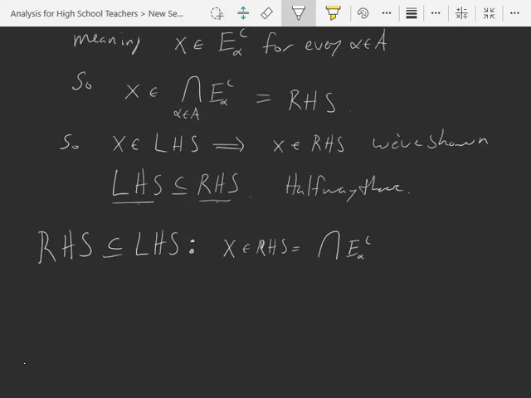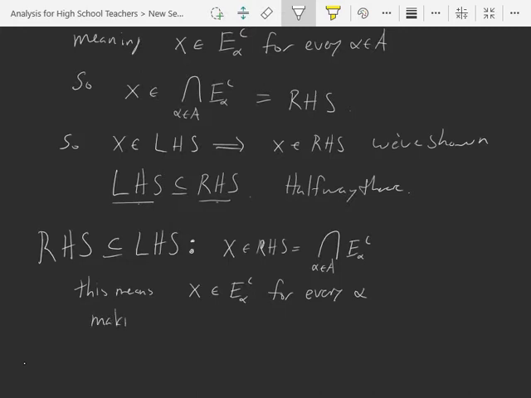So this means x is in E sub alpha complement for every alpha, right? If it's going to be in the intersection of all of the E sub alphas, it has to be in every single one of them. So x is in the complement for every single one.